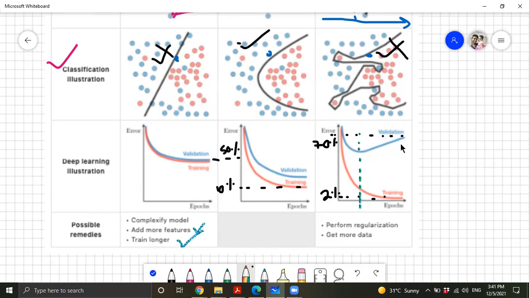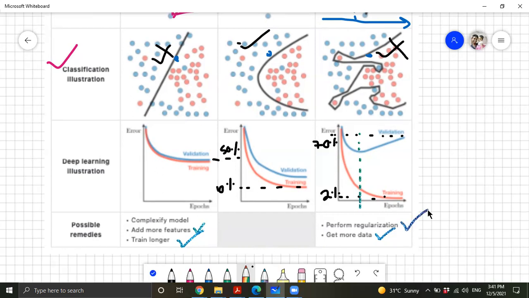And in overfitting, because of the complexity of the model, you can get more data and generalize the model, or else you can perform regularization. As I mentioned before, in deep learning, you can perform dropout. And there are many things, batch normalization like that, and in machine learning L1 regularization and L2 regularization, and there are more regularization techniques.